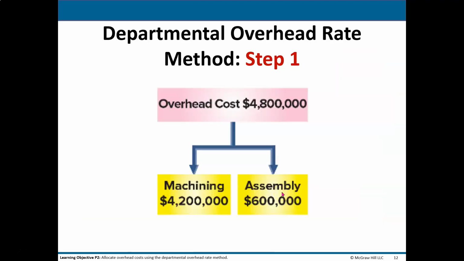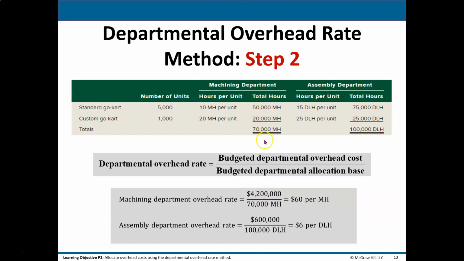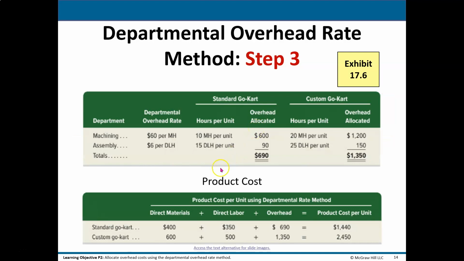So step one is figuring out how we're going to allocate overhead between the two different departments. Step two is calculating the overhead rate per department. And now step three is figuring out the amount of overhead assigned to each unit.